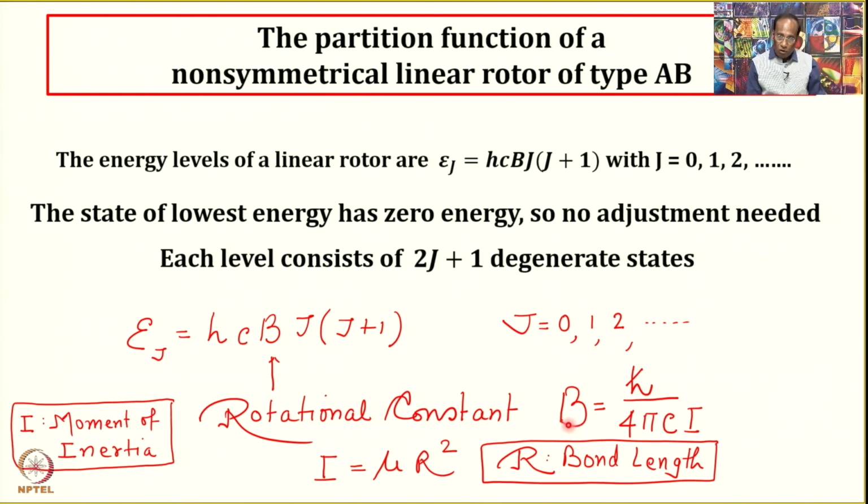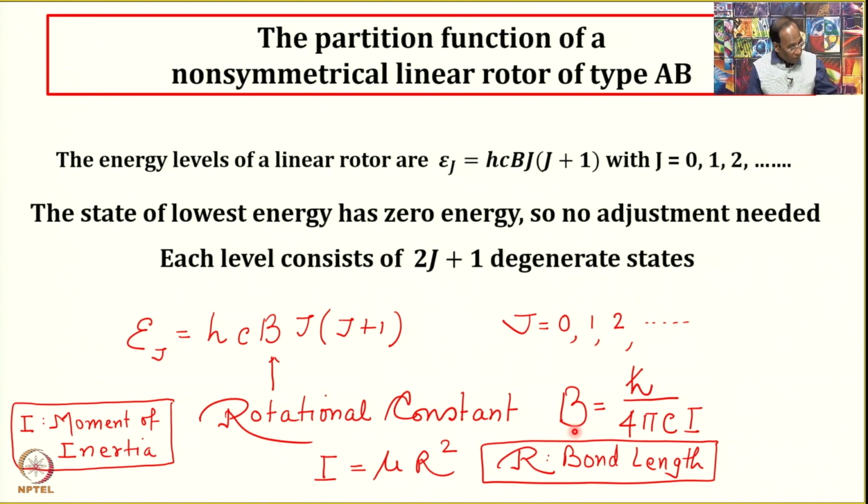B, the rotational constant, is h cross, which is h over 2 pi, over 4 pi c I. I is mu r square, which is the moment of inertia. And if you now work out the units, B will have units of wave number, centimeter inverse. So this much knowledge is required to proceed further.